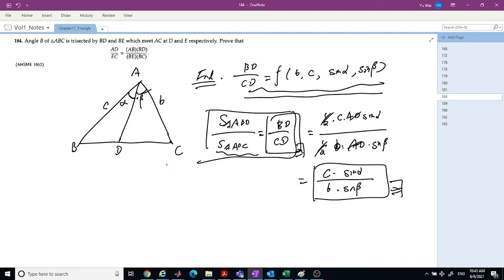Now let's see. The other one, its complementary result, is also very important.